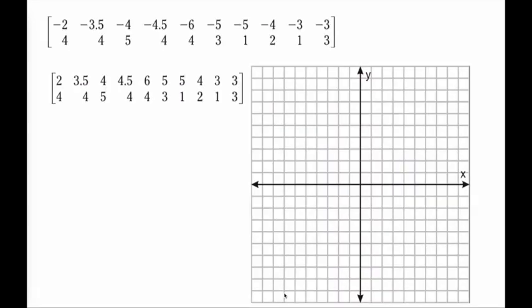So now we've got our original vertex matrix here, and we've got our transformed matrix, the reflected matrix, here. And so we can graph these.